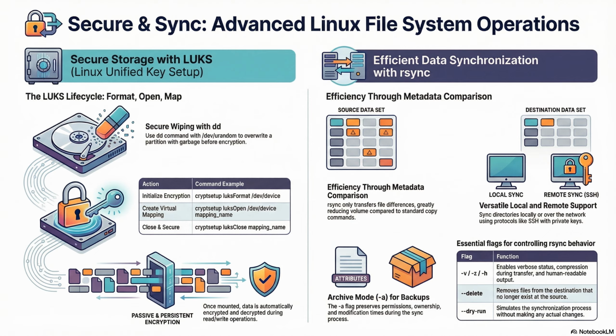Because if you apply block-level encryption over an existing file system, LUKS will systematically scramble the ones and zeros of the underlying blocks. The operating system's virtual file system layer will look at the drive, try to read the superblock to understand the layout, and it will just see encrypted gibberish. It won't be able to find the inodes. Exactly. You won't know where any files start or end.